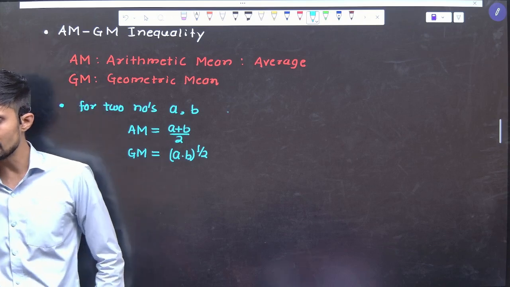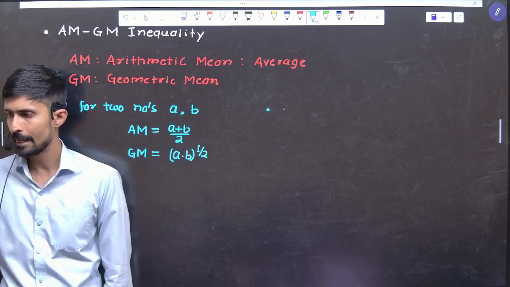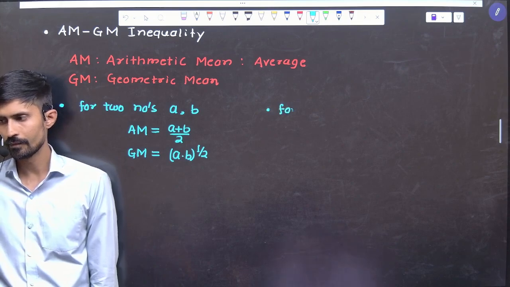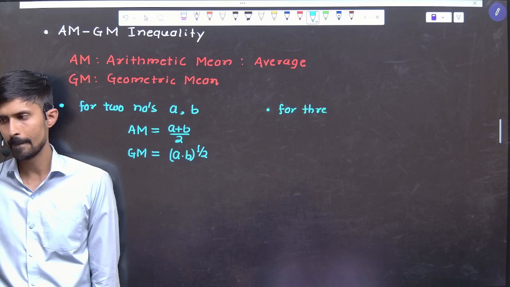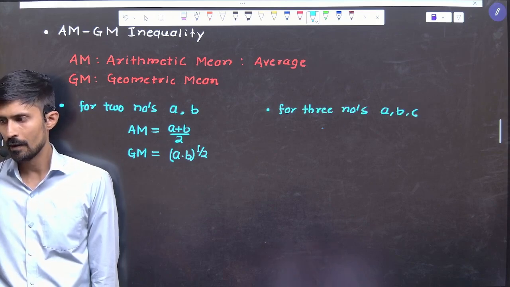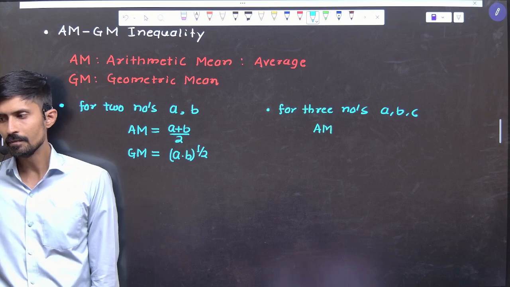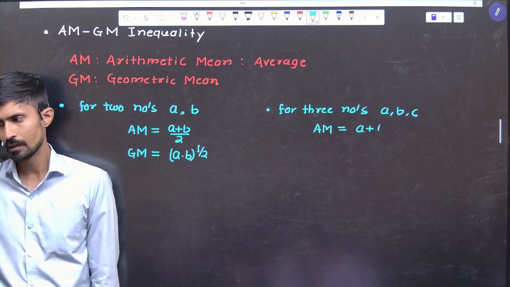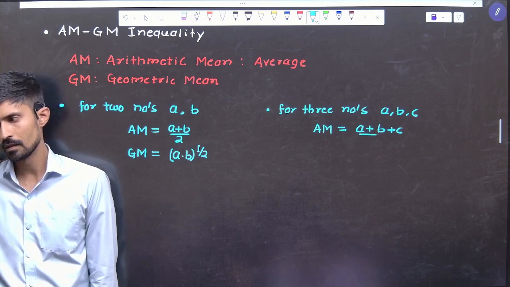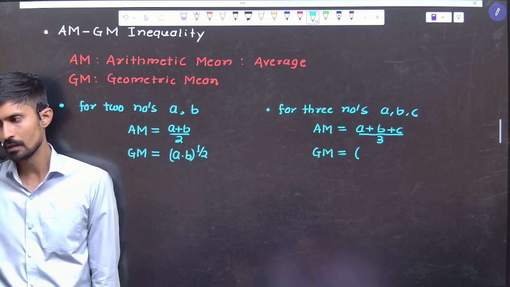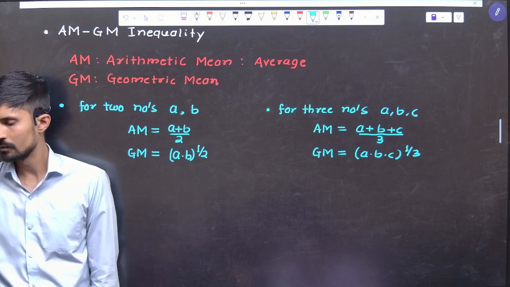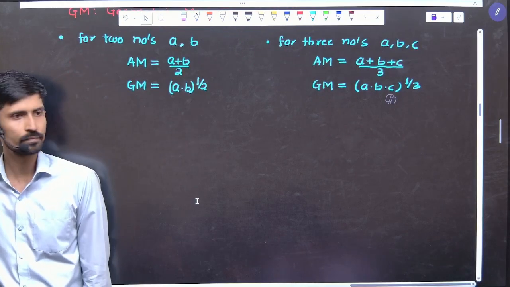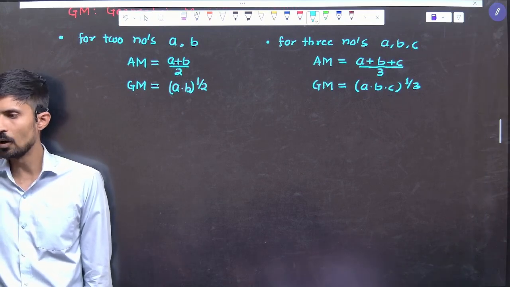So for 3 numbers, what will be AM? And what will be GM?